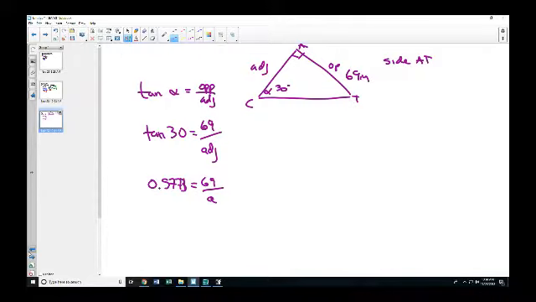How do I solve that equation? Multiply by the adjacent side. Okay, good start. Those cancel out. And now we divide by tan 30.